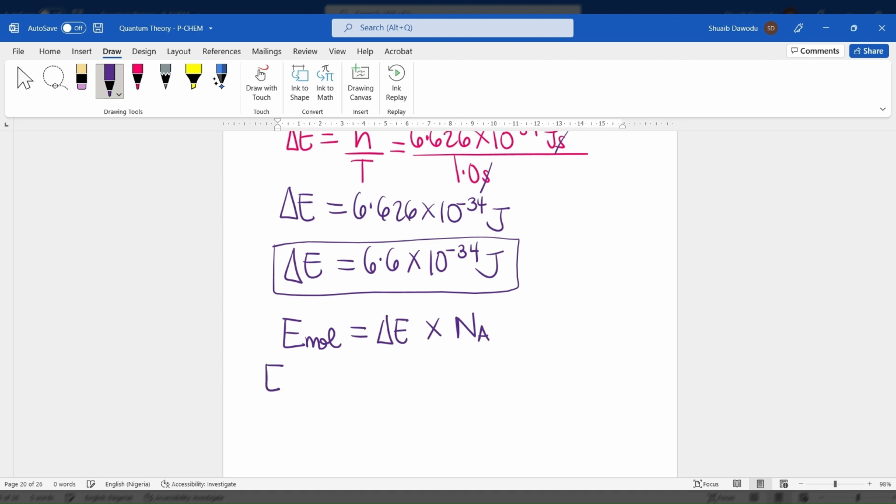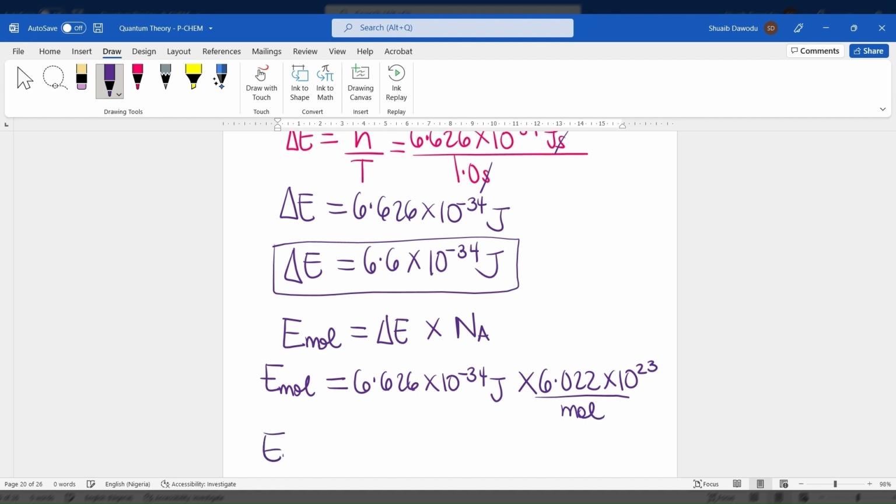So that would be E mole is going to now equal 6.626 times 10 to the power of negative 34 joules, okay, times Na, which is Avogadro's number. So that would be 6.022 times 10 to the power of 23 per mole.